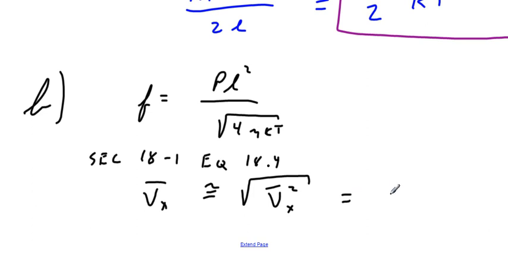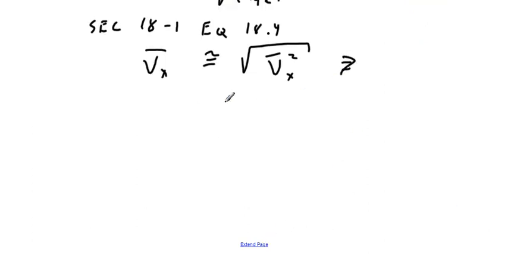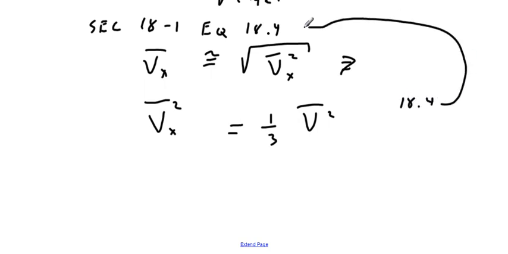Okay, and so from that we can get that Vx average squared is going to be 1/3 V average squared, and we get this from equation 18.4. Well, I've already said it, from those two guys. So between those two guys, we come up with that formula.